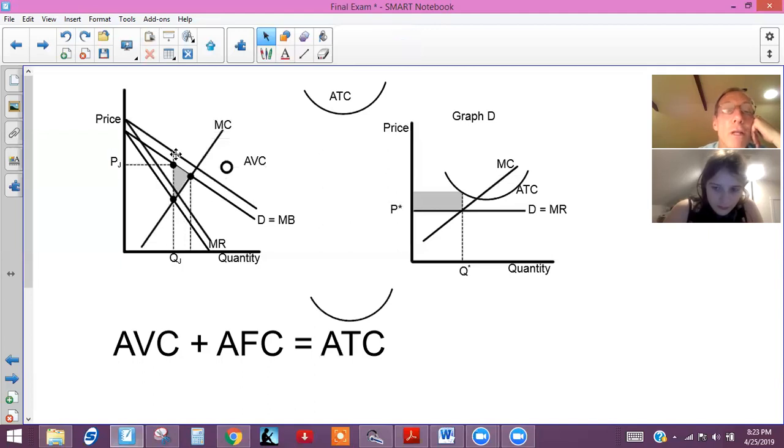If they do this, now remember, the new marginal revenue curve is right here, okay? So actually, I can shift this more, because that's hard to see, right?